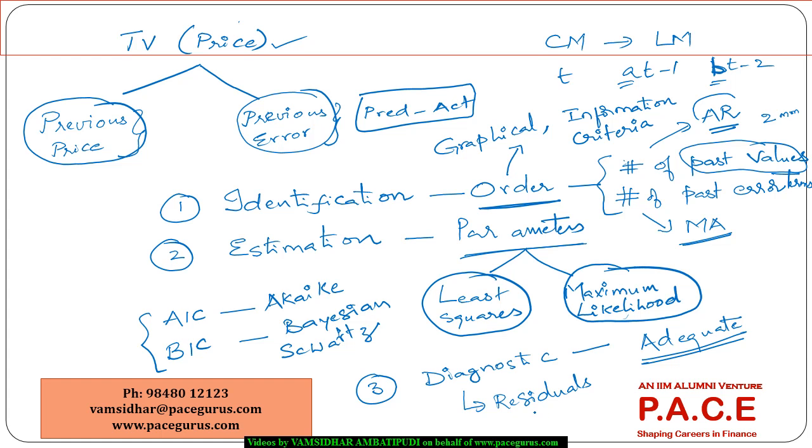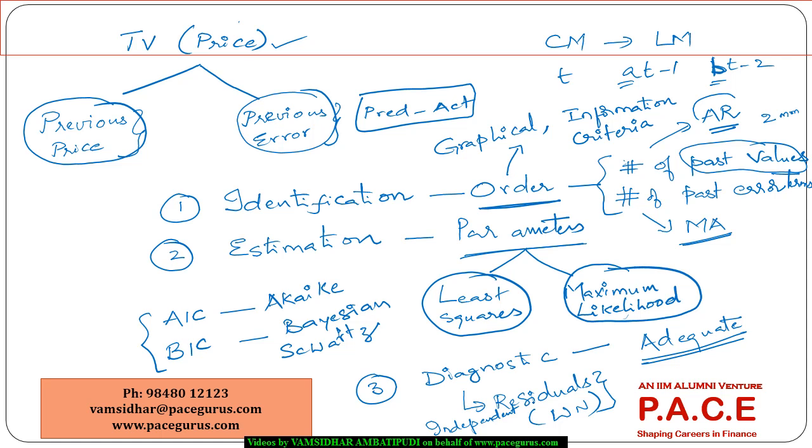We see whether the residuals are behaving as white noise or not, which means the error terms should not have any kind of dependence within them. The residuals are completely independent of each other. That is what we do as part of the diagnostic checking exercise. That's one more thing we have to make sure of when we are doing ARIMA based modeling of the time series data.